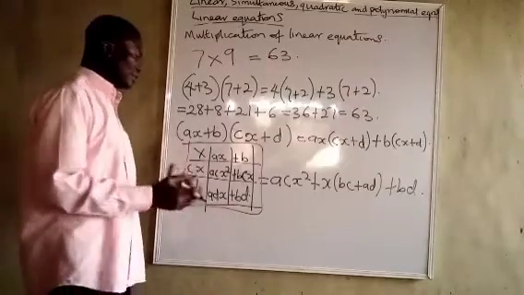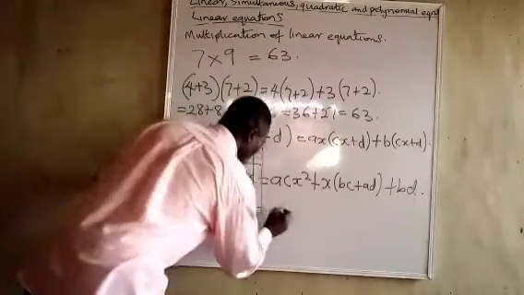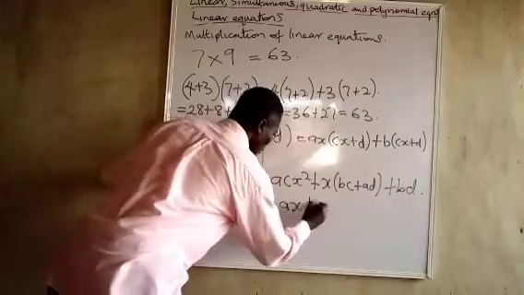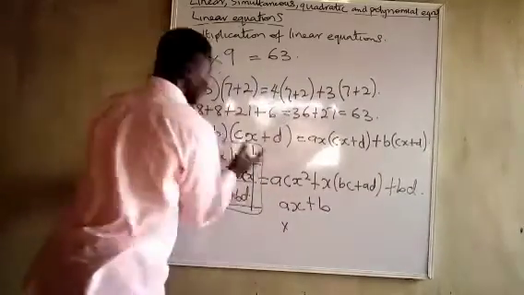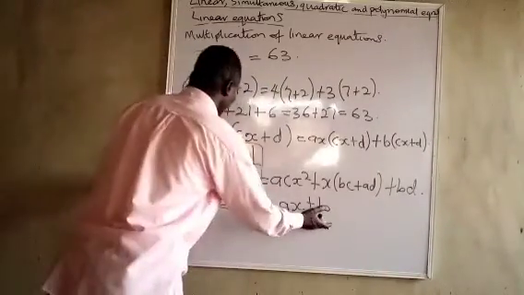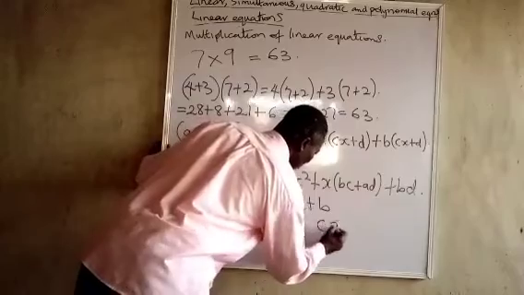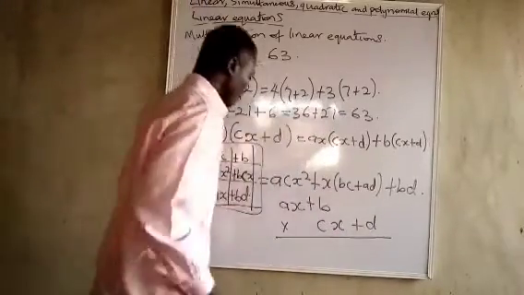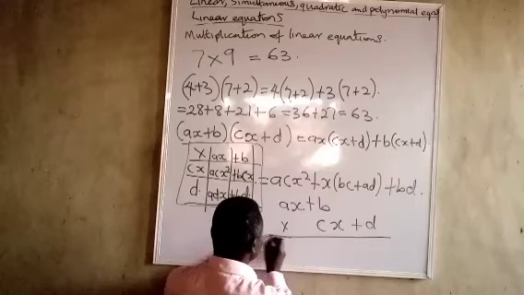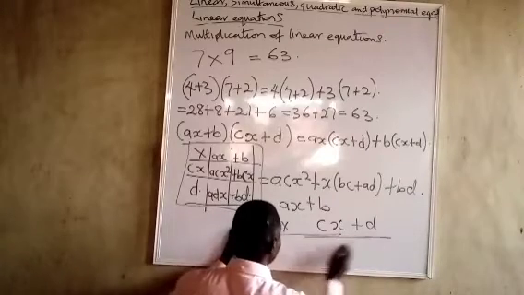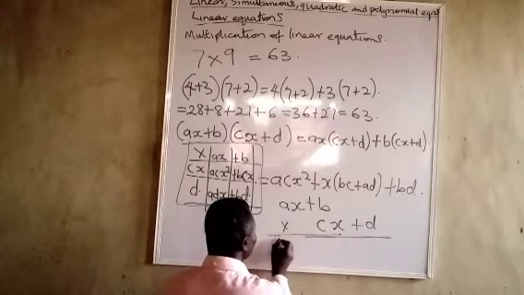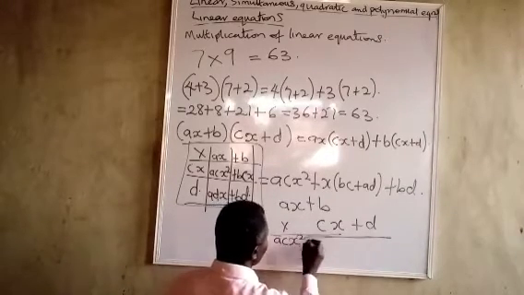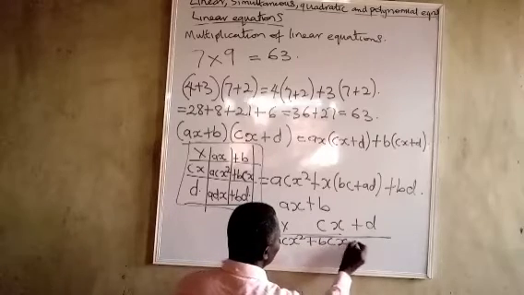Another way you can do it is, you can say ax plus b times, like you do our normal multiplication, we just shift this one here, cx plus d. So you now take it one after the other. This one will now give me ac x squared plus bcx.